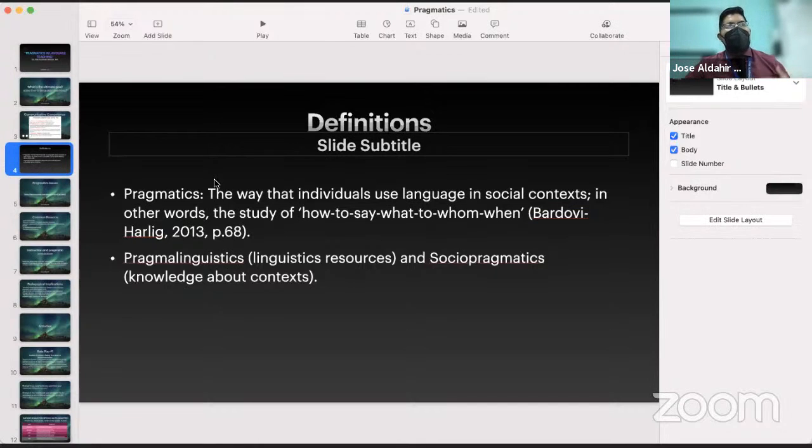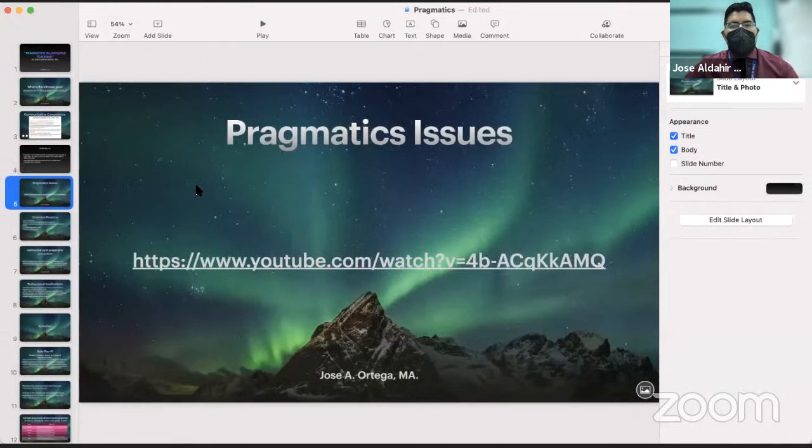They know how to use rules, they know how to use expressions, but they do not know the context in which those expressions or rules need to be used in order to not sound rude, in order to, let's say, express a compliment, or in order to say no or refuse an invitation in some cases. So the lack of these resources will lead us to some pragmatic issues in different contexts.